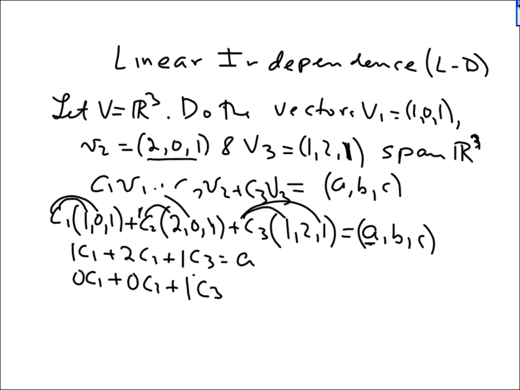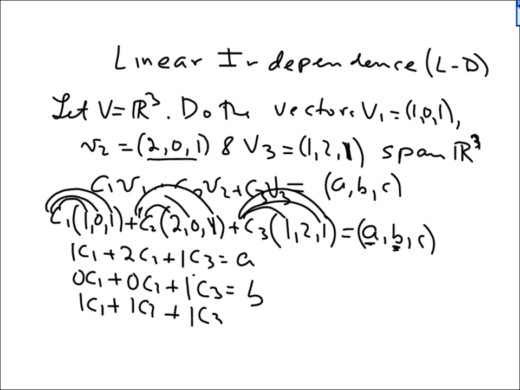That is 1C3, and this is going to equal B. Now for the third component, you're going to have 1 times C1 plus 1 times C2 plus, you guessed it, 1 times C3, and it is going to equal C. So what we have is a system of equations in C1, C2, and C3.